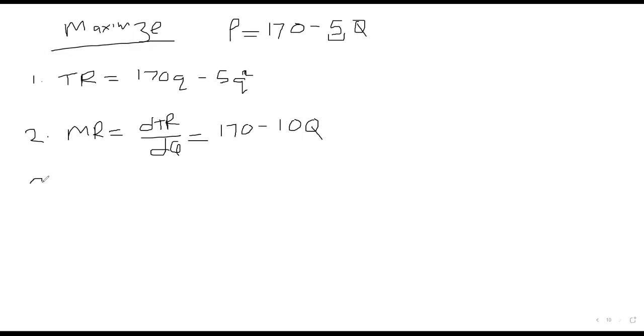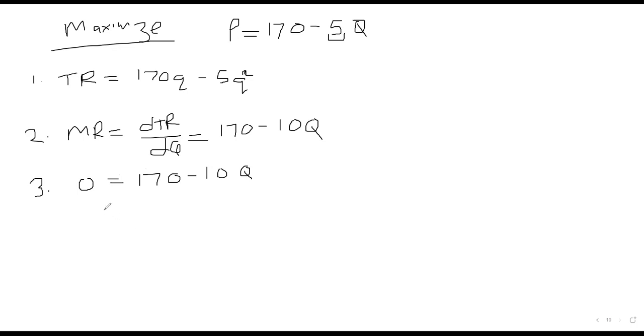Okay. Then step 3, what do we do? Becky, B. We equate to 0. So what do we get? We solve for what?